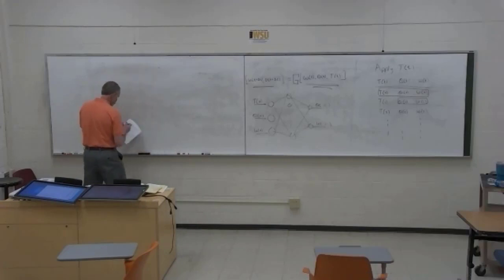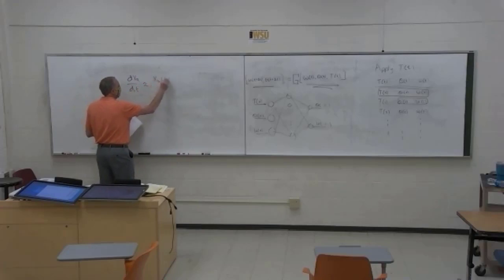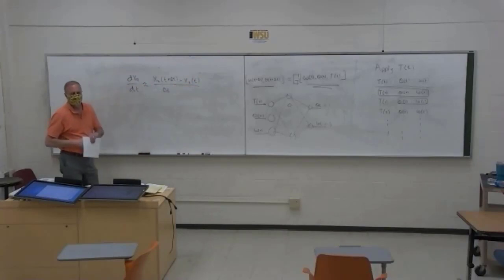Where you see dx2 by dt, we're definitely going to approximate that with a triangle, the same way for everything on the left-hand side.